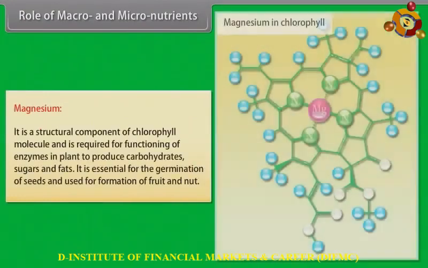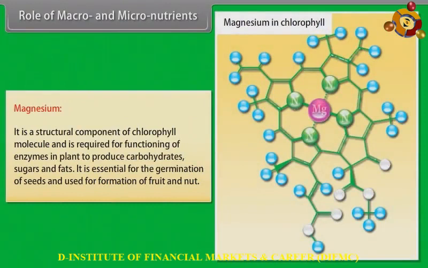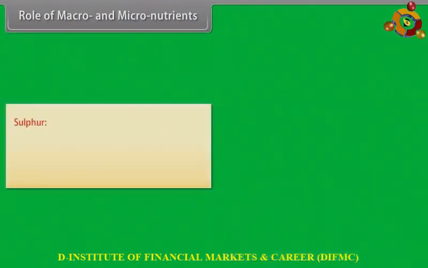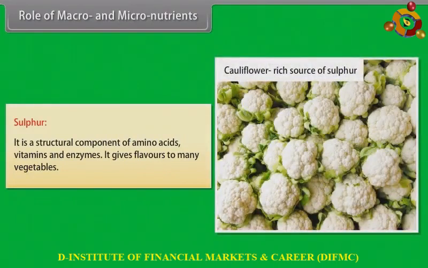It is a structural component of the chlorophyll molecule and is required for functioning of enzymes in plants to produce carbohydrates, sugars and fats. It is essential for the germination of seeds and used for formation of fruits and nuts. Sulfur. It is a structural component of amino acids, vitamins and enzymes. It gives flavors to many vegetables.